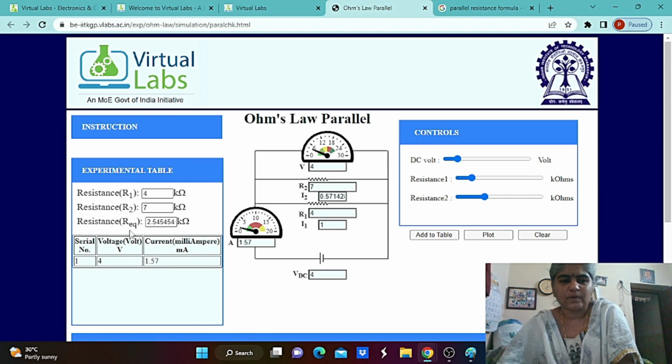According to R1 and R2 and the applied DC voltage of 4 volt, we can find the current value 1.57, because voltage is directly proportional to current. V equal to I into R is the Ohm's law formula. So all the values are substituted in this, and finally we get the relation between voltage and current.